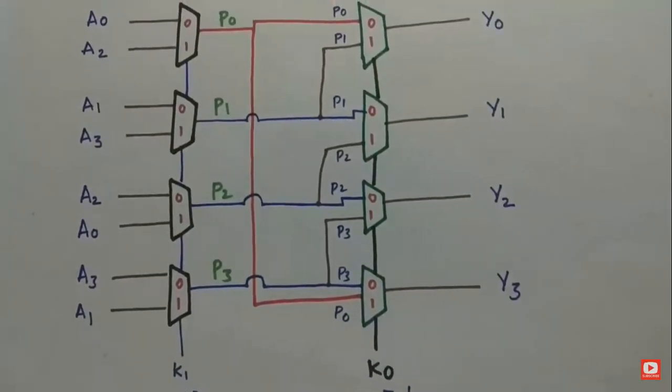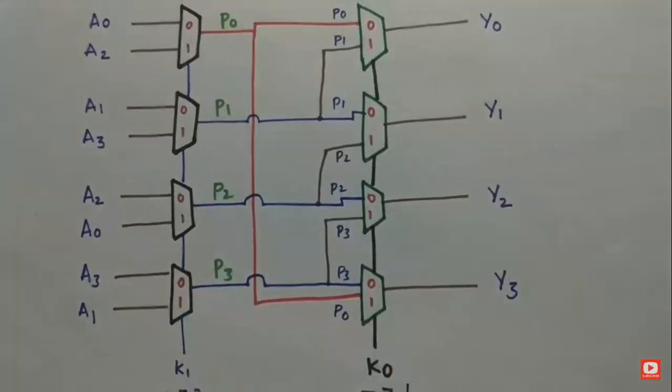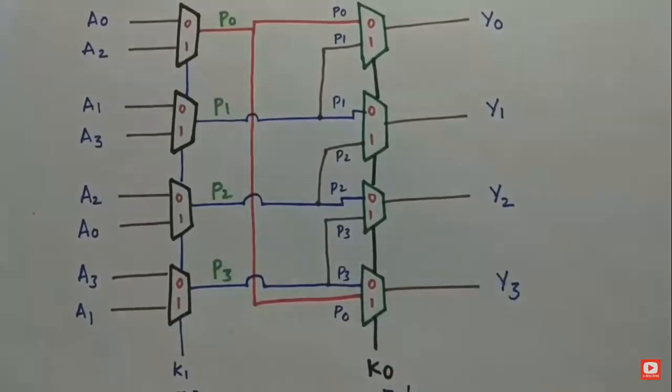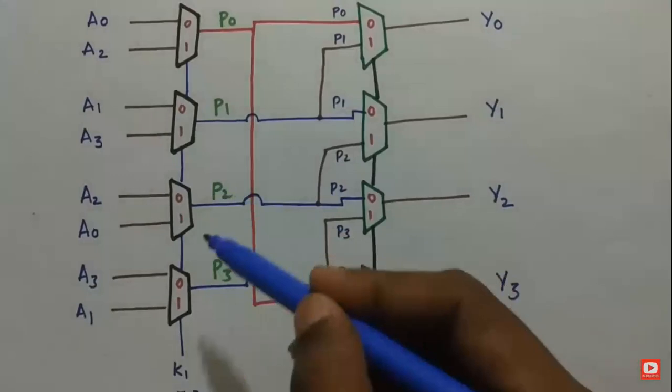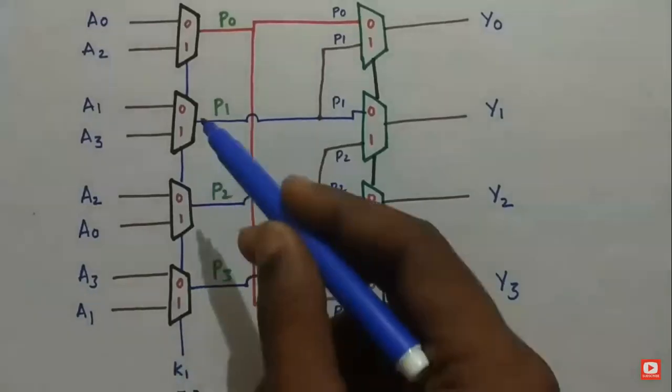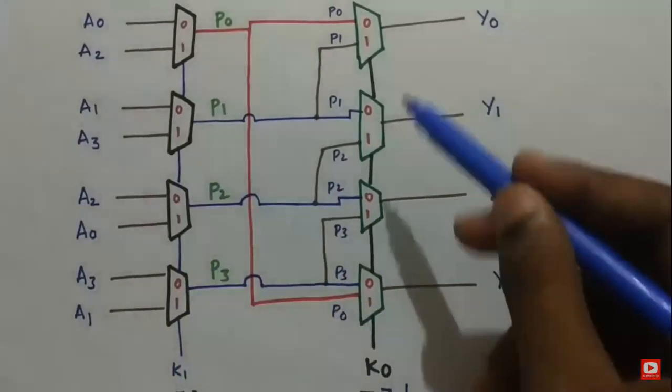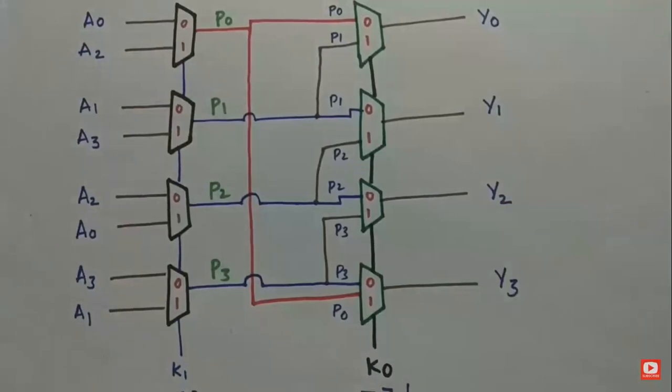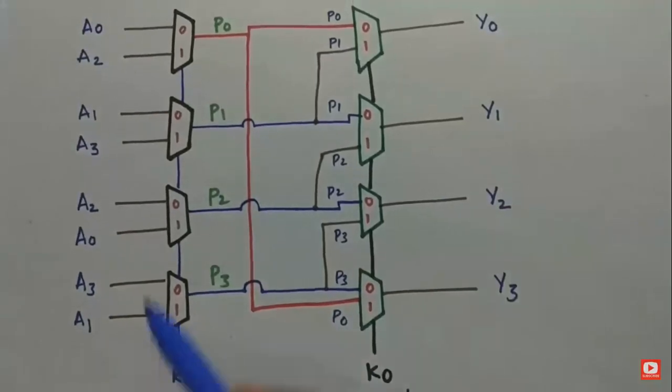As you can see, we have 4 multiplexers over here and 4 multiplexers over here. These multiplexers will perform certain operations, and these multiplexers will perform certain operations. K1 is the select line for all of these multiplexers, and K0 is the select line for all of these multiplexers. First let us look at this set of multiplexers.